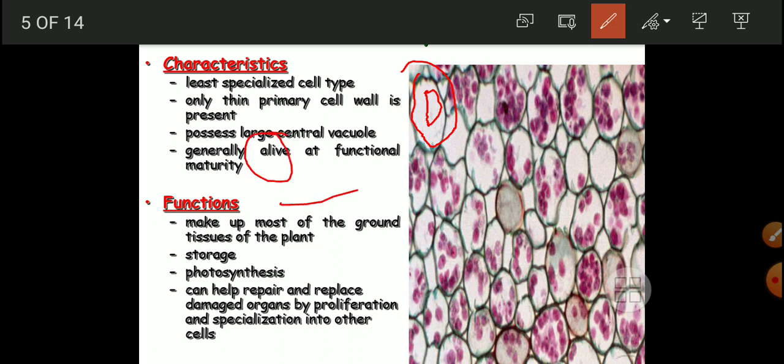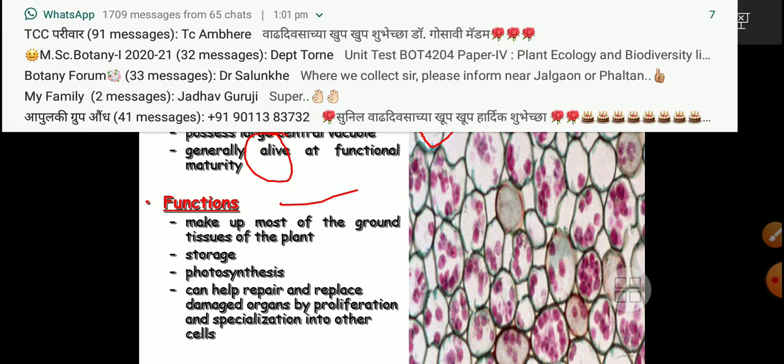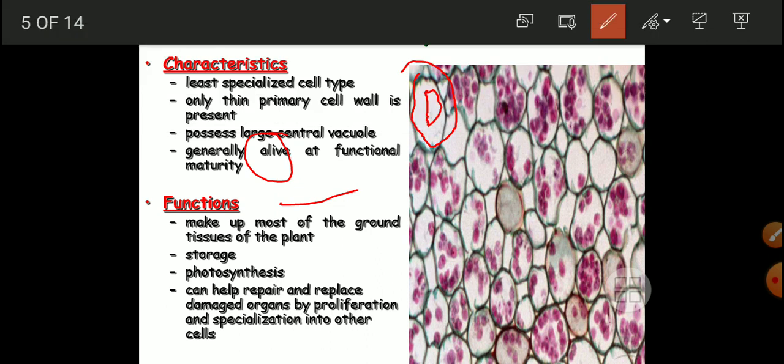Now what are the functions of parenchyma? They make up most of the ground tissue of the plant. आपल्याला माहिती आहे की pith and cortex are made up of the ground tissue of the parenchyma. Then storage function, photosynthesis. Leaf मध्ये आपल्याला ground tissue दिसतो, parenchyma दिसतात.